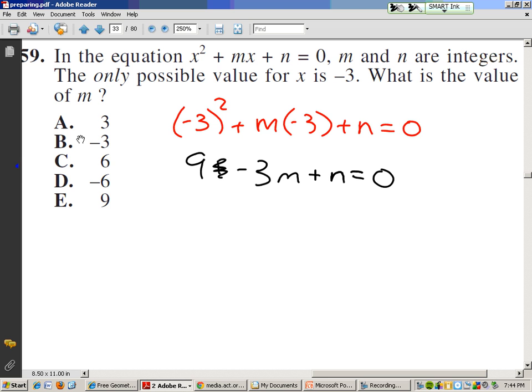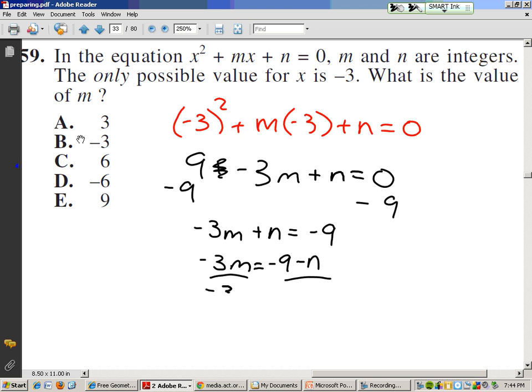So let's just solve it and see what we get. Because I'm going to subtract 9 from both sides. And I got negative 3m plus n equals negative 9. Subtract the n, and I'm going to get negative 3m equals negative 9 minus n, and then I'm going to divide both sides by negative 3.